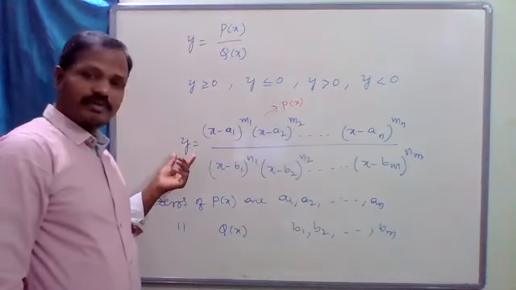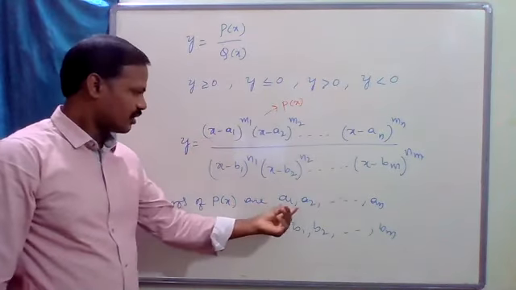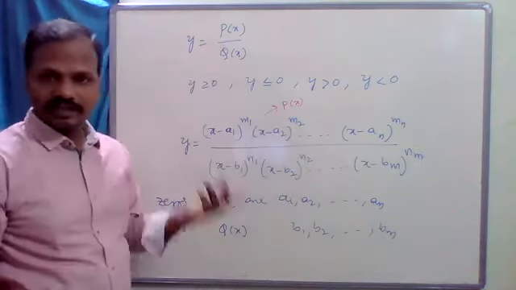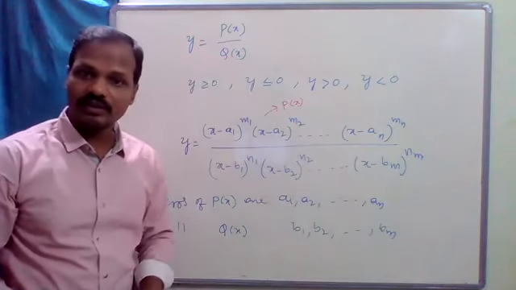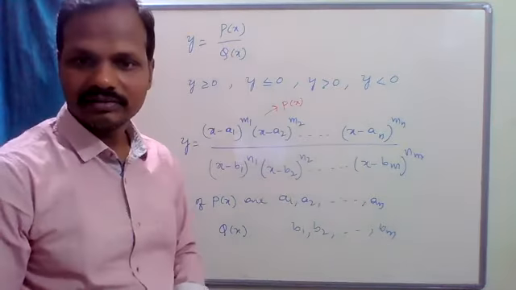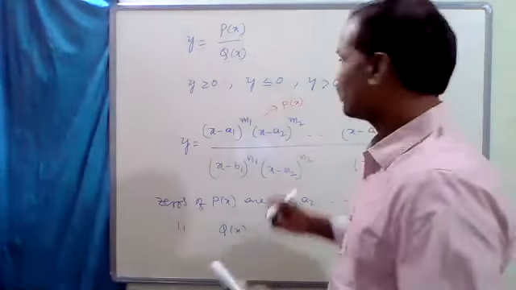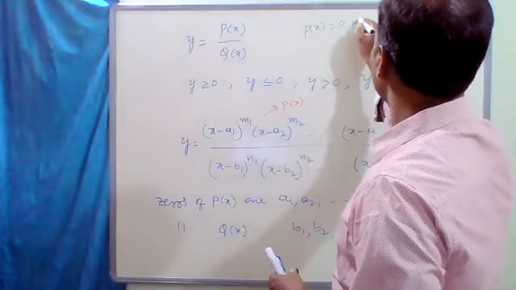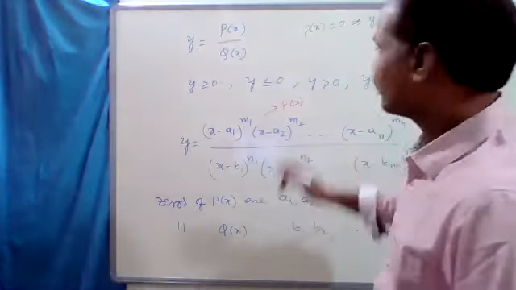So when y becomes 0, if x value is a1, a2, and so on, an, that is, if p of x is 0, then y is 0. Then what about q of x? If q of x is 0, what about y? If p of x equals 0, it implies y equals 0.